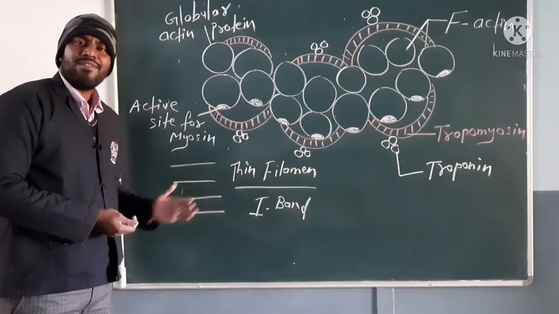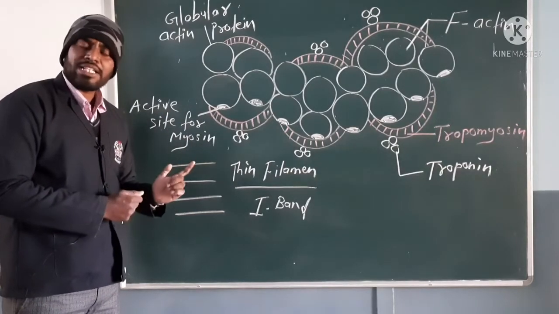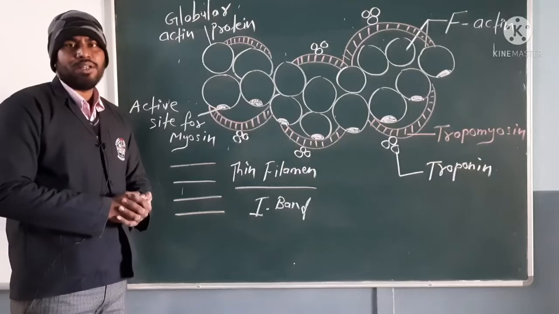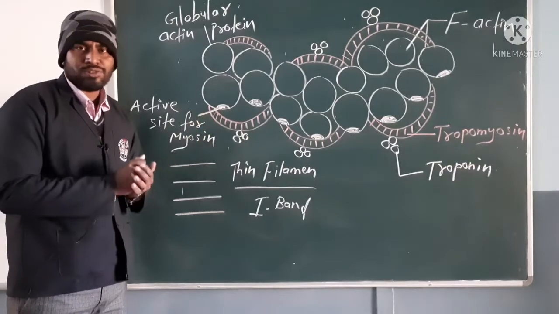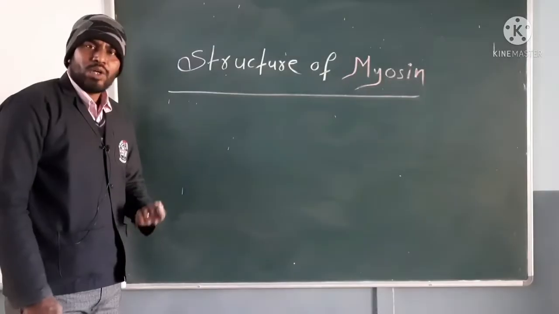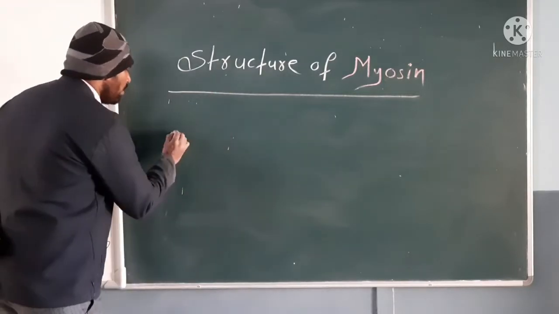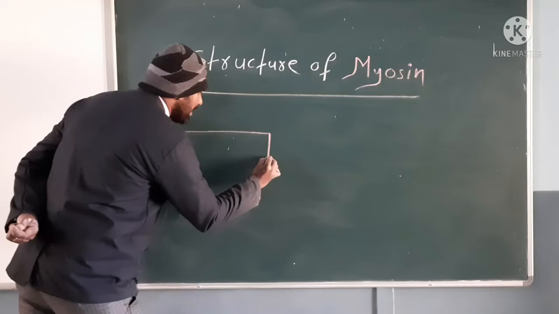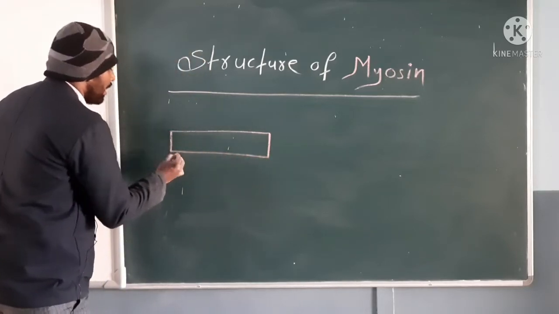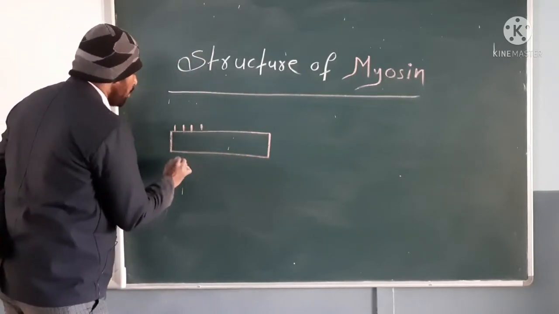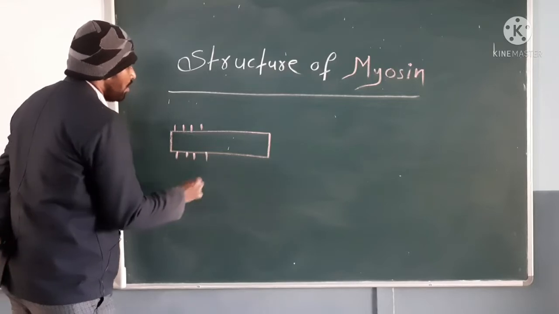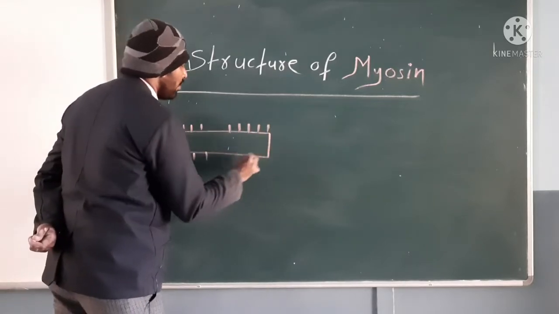Okay, so as we have done the structure of actin, we will also discuss the structure of myosin. Now let's study the structure of myosin protein. As we all know, myosin protein is the thick protein, and this thick protein is placed onto the A band, right?